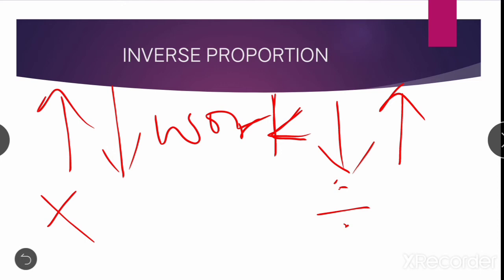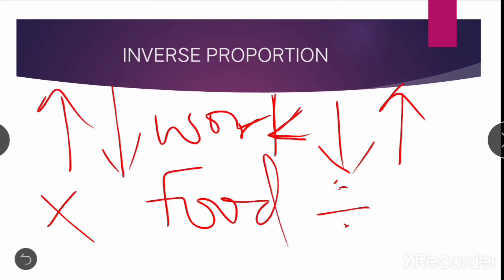How long will it take this number of men, or how many men will it take to do the work? That is for work. And also for food, eating: 3 children can eat a cup of rice. All questions like that are inverse proportion. So let's take an example.